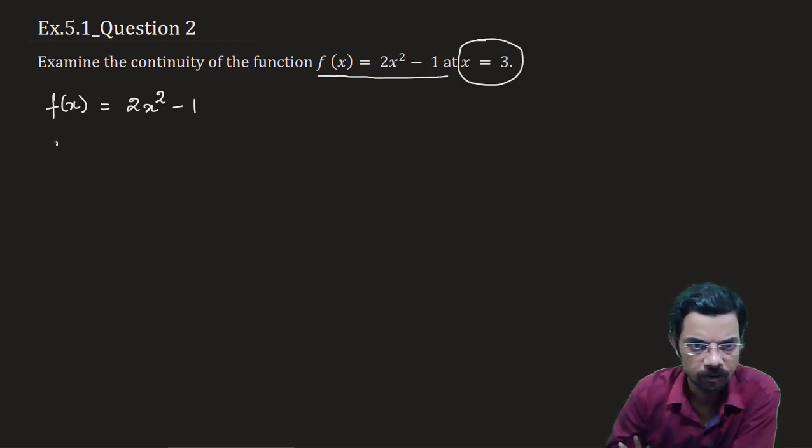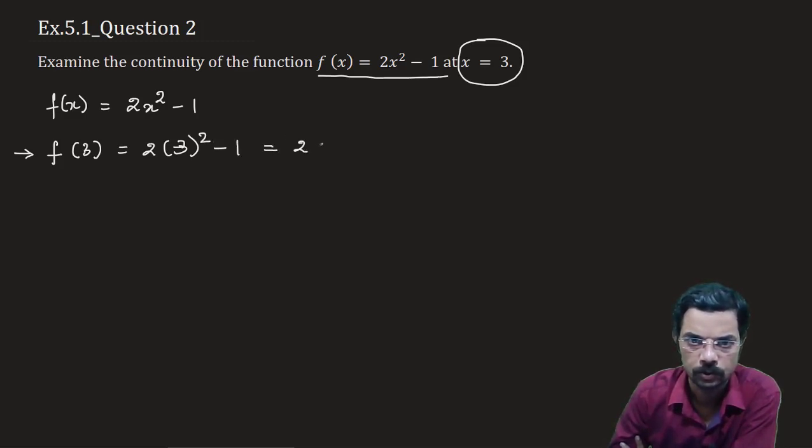First step is that we find f of 3. What is f of 3? f of 3 is 2 into 3 the whole square minus 1, which is equal to 2 into 9 minus 1, which is equal to 18 minus 1, and that is further equal to 17.